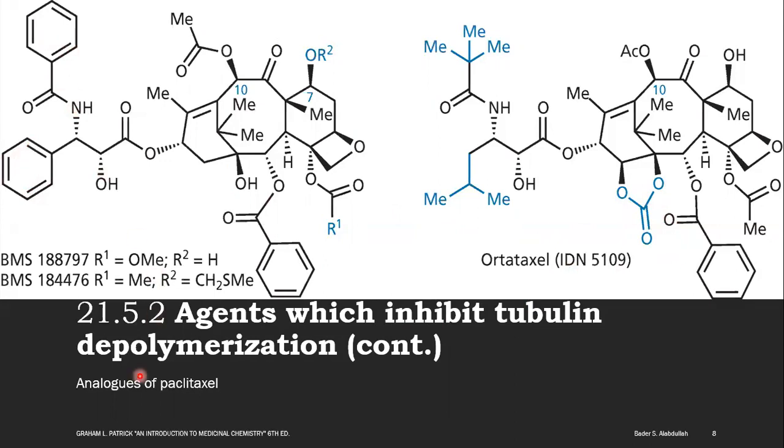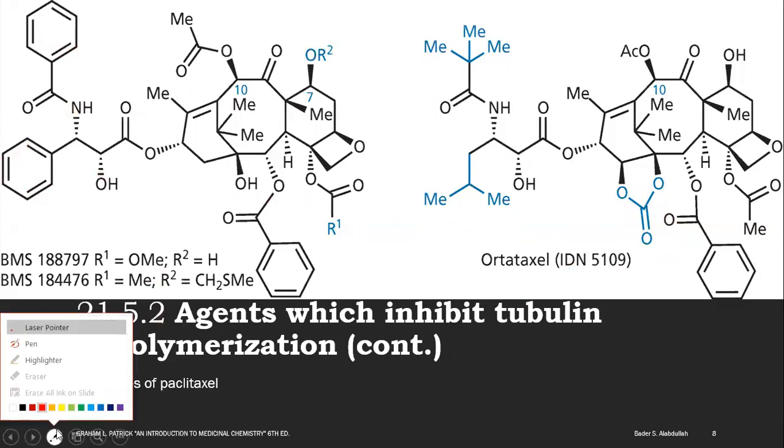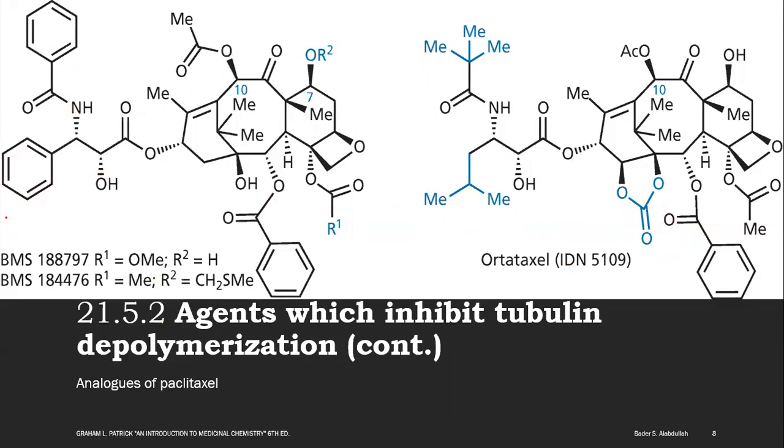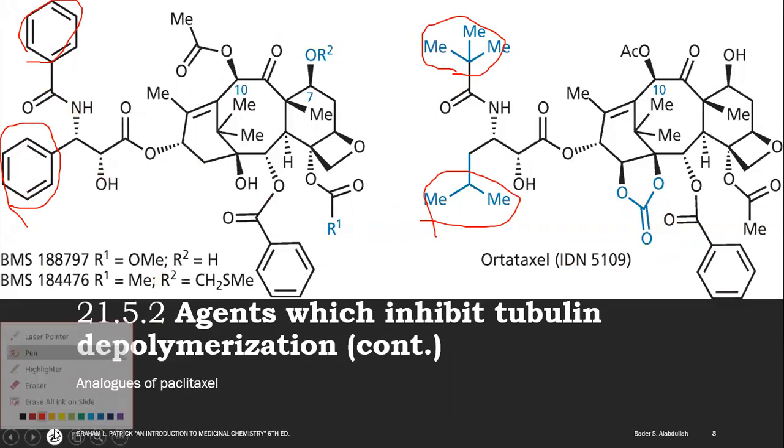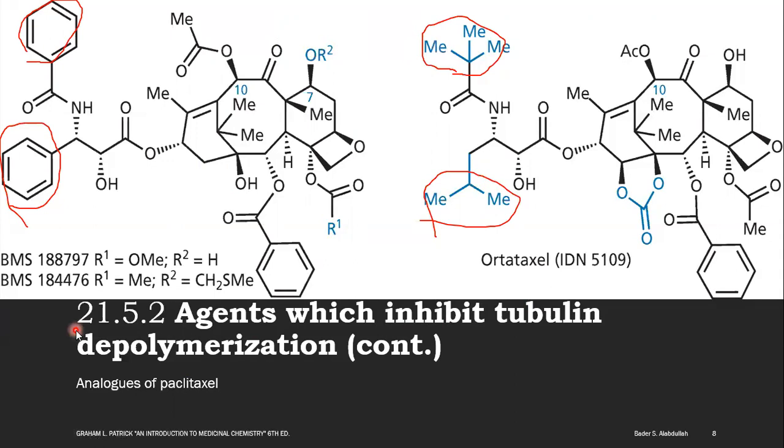You can see in the original structure we have aromatic rings, this one and that, but in the orthotaxel they just change them with aliphatic groups. That gives better activity and lower the resistance of cancer cells toward the taxol.